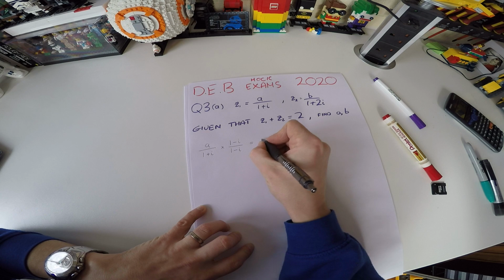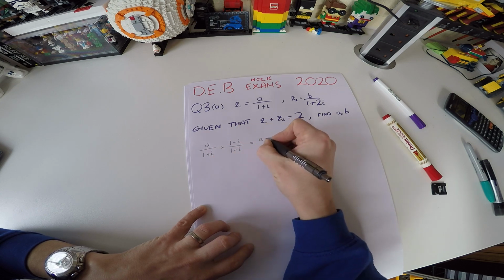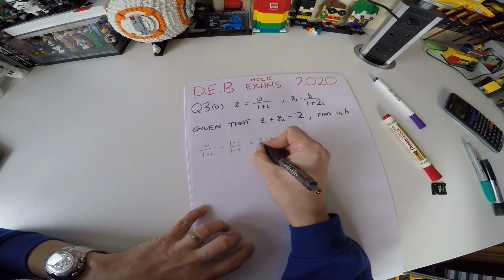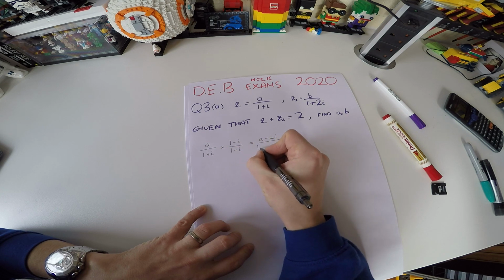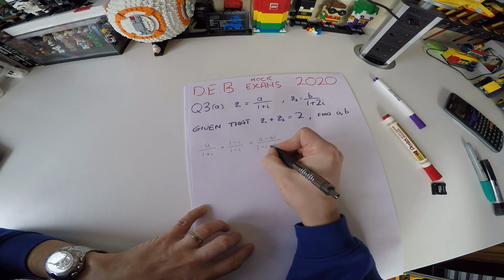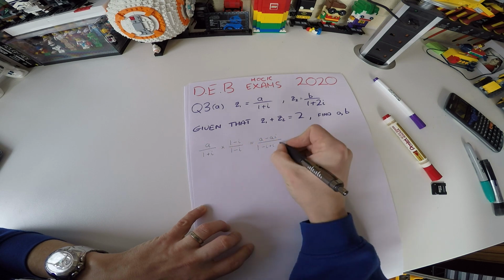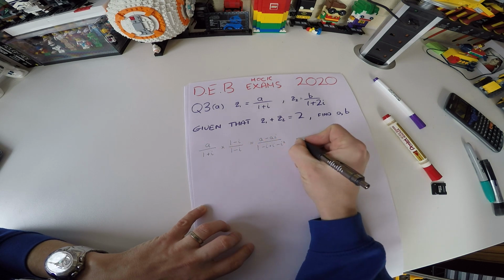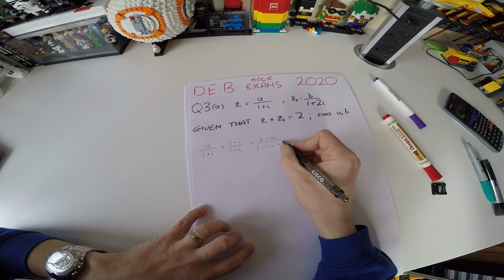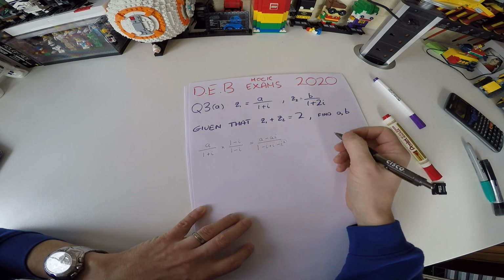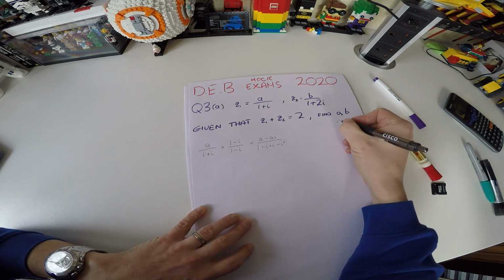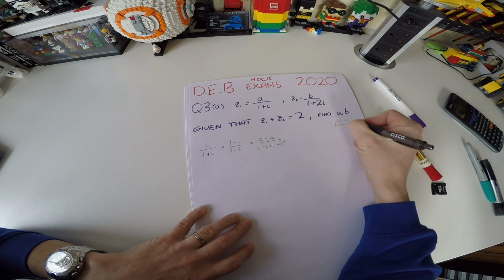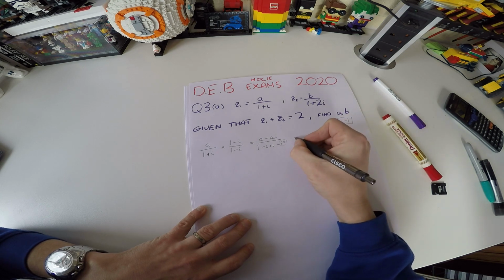So a times 1 is a, a times minus i is minus ai, over 1 times 1 is 1, and then we have 1 times minus i, then we have i times 1, then plus i times minus i, which gives us minus i squared. Now we're always looking out for this i squared, because we have to remember that i squared is equal to minus 1, and always change it when you see that.